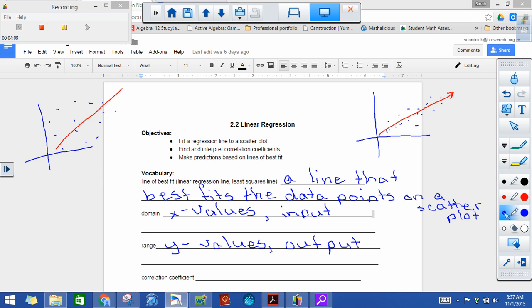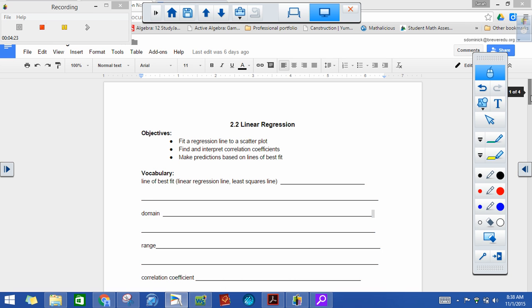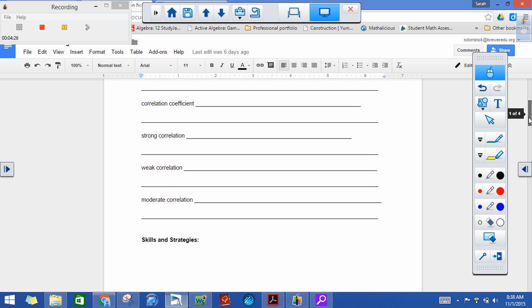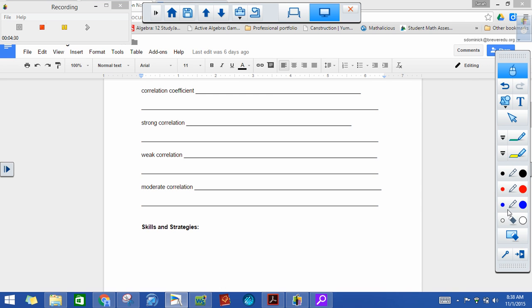So a correlation coefficient is a calculation. It's a number that the computer or your calculator will give you. And that number is going to be hopefully really close to 1. That's what you want to happen. If you have a correlation coefficient of 1, the data fits the line perfectly.